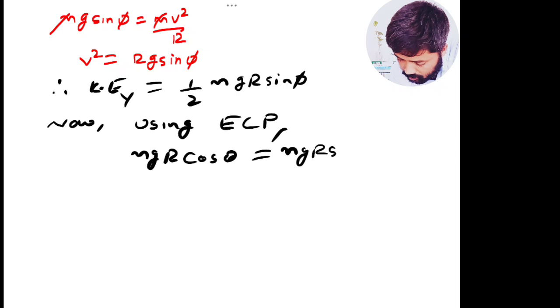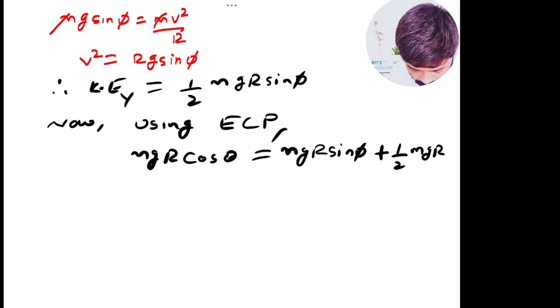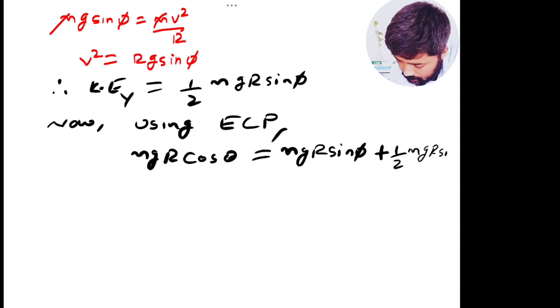plus kinetic energy at y. Kinetic energy at y is half mgr sin phi.